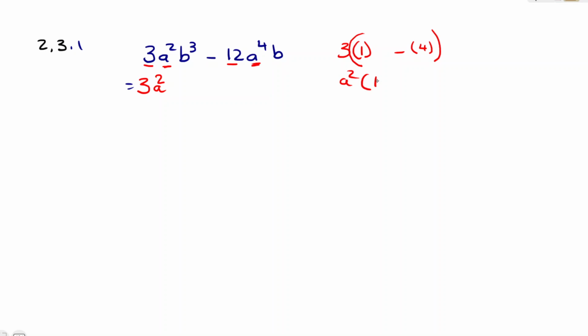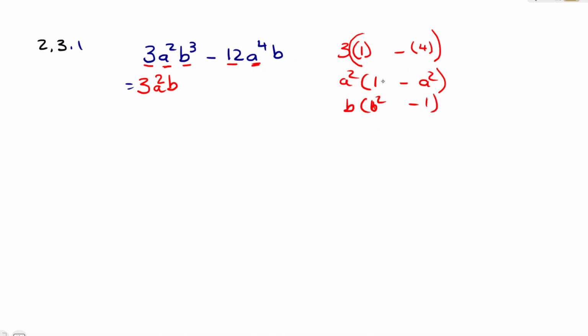If we take a squared here, we'll be left with a squared. If we take a b here, we will be left with b squared. If we take a b here, we'll be left with a 1.